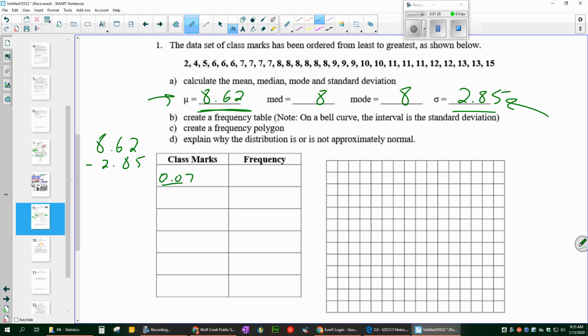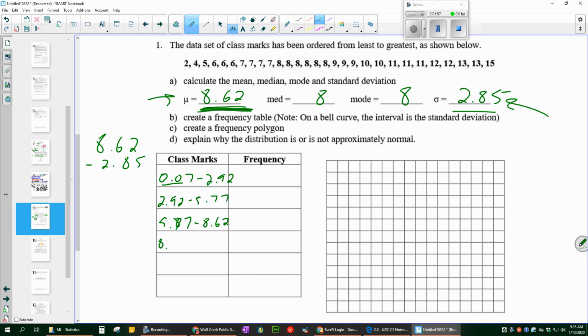So it'd be 0.07 to 2.92, and then our next one would be from 2.92 to 5.77. The next one is 5.77 to 8.62, which was our mean.